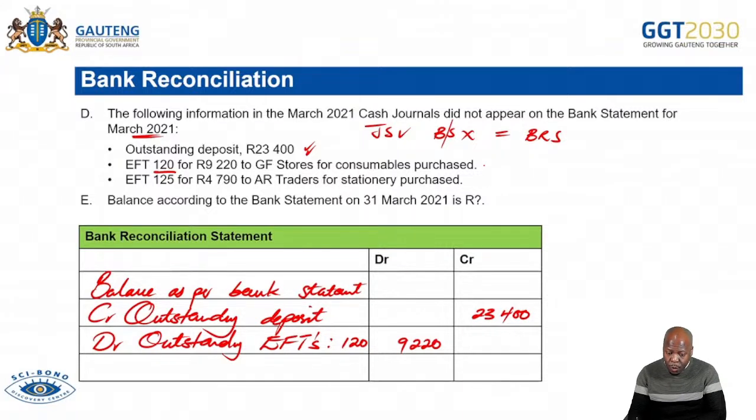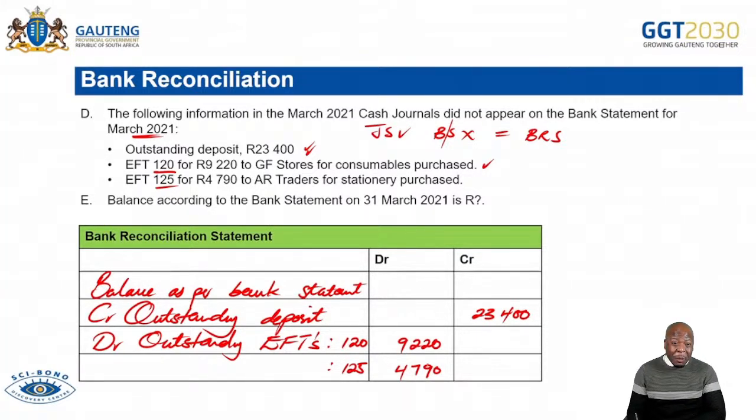So I'm done with this one. Let me record the next one. EFT 125. How much is that for? 4,790. And I'm debiting it.